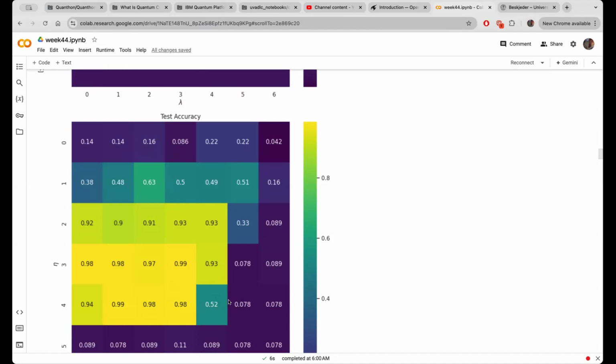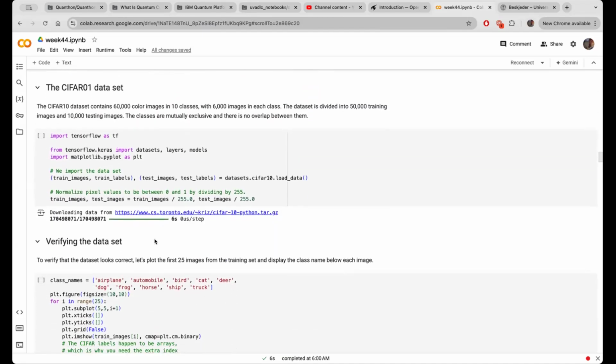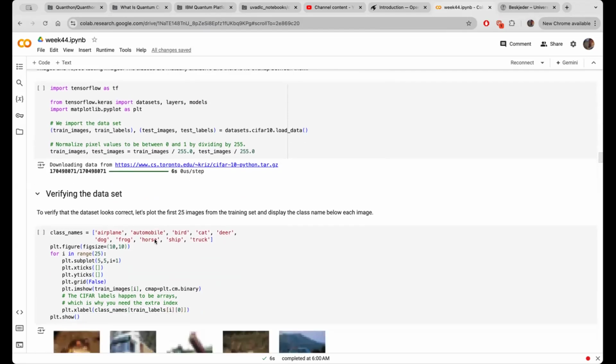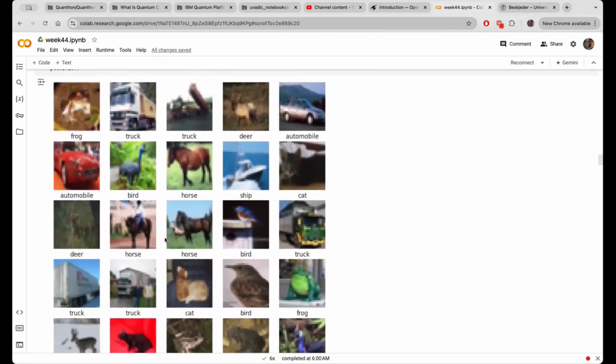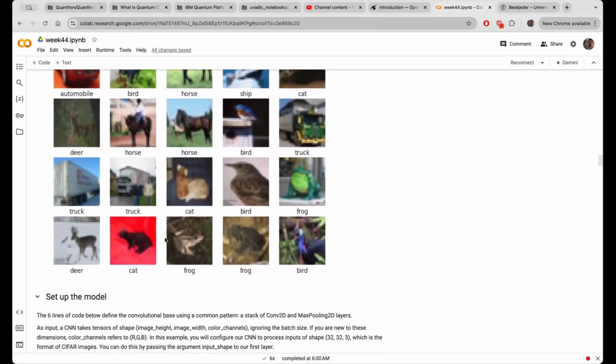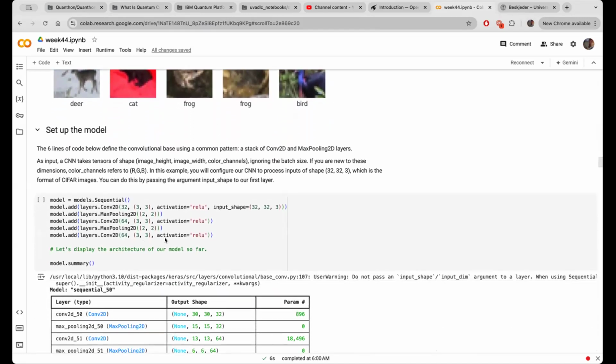If you scroll down, you will find an example on the so-called CIFAR data, which is a set of images of cars and trucks and frogs and animals, et cetera. This contains something like 70,000 data sets. And next week, we are going to look at this example as well.